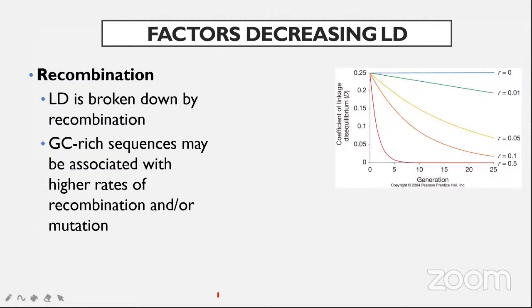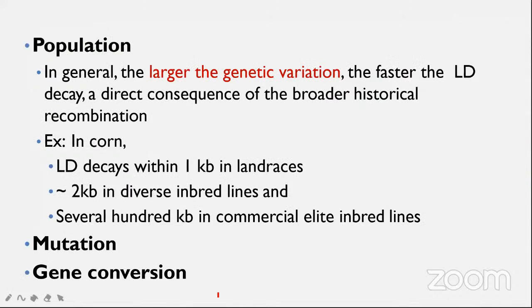On the other hand, what could be the factors decreasing LD? One thing is recombination. As mentioned earlier, one generation of random mating leads to a half decrease in LD. So recombination basically decreases your LD because due to crossover, your allelic combinations get changed. And the second thing is the population.